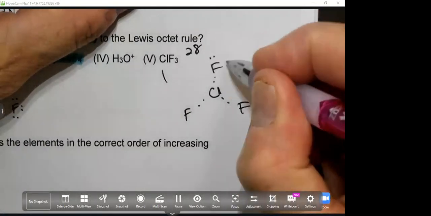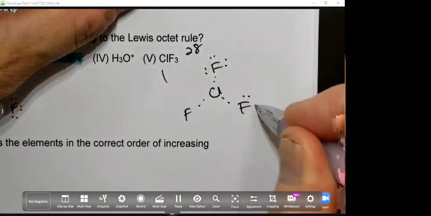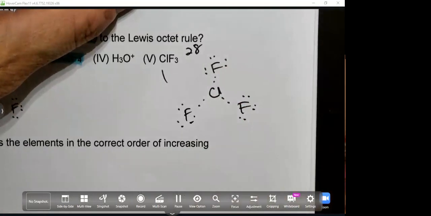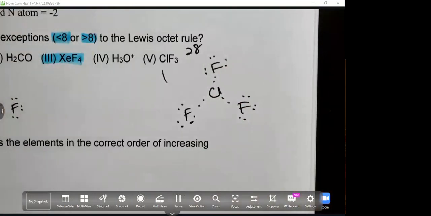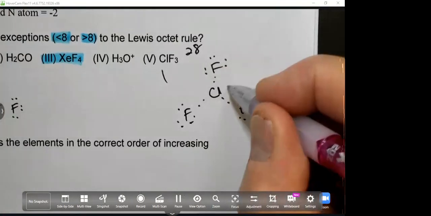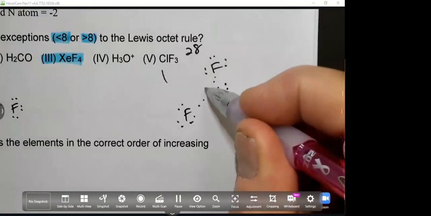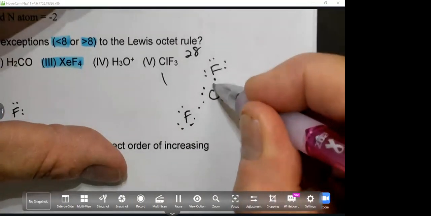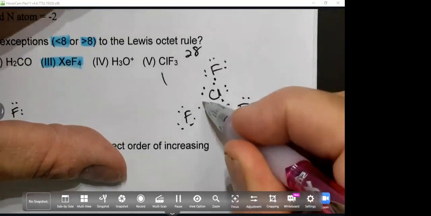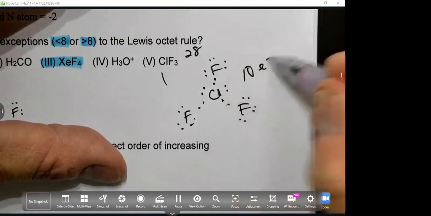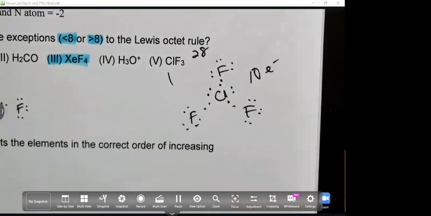So this would give us, again, the nice thing is we know we don't have to worry about double bonds, resonance structures, or anything like that. So if we draw this gives us 24, 25, 26, 27, 28. So the central atom here, how many electrons are on the central atom here? We've got 10. So it looks like that one works.